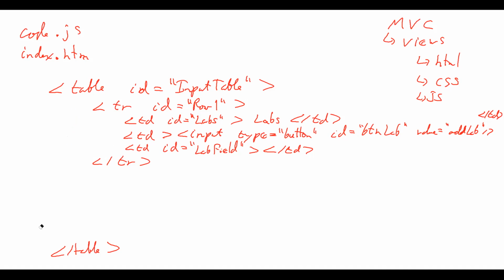Okay? The same thing would apply then. You can create other rows. So you could create a row for quizzes. You can create a row for exams. You could create a row for projects. You can create a row for extra credit. Okay? And participation, right? So you can do all that.